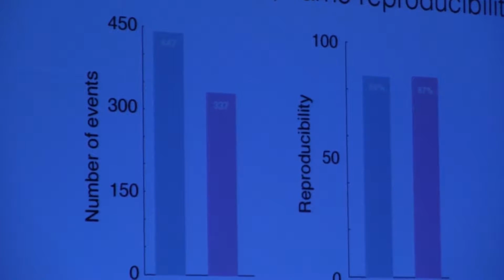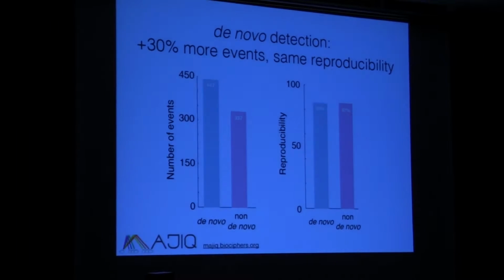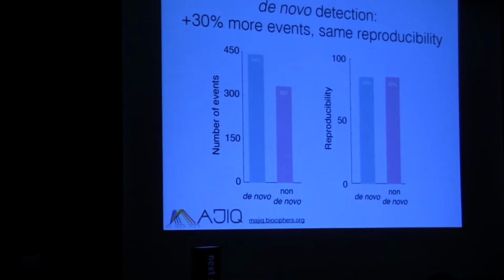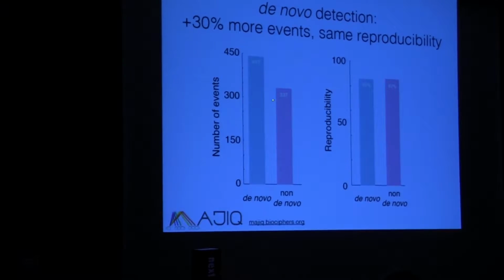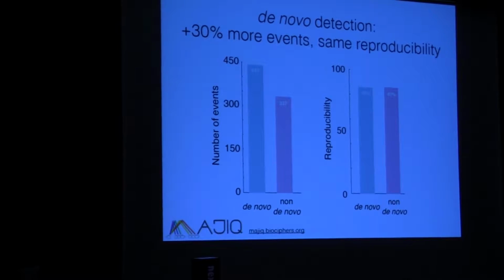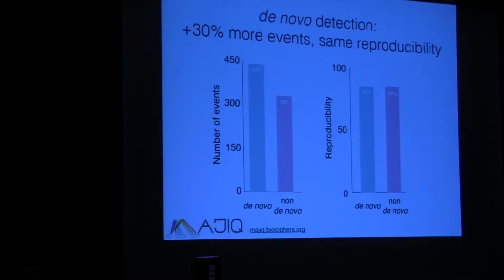Now it's important to, because I mentioned earlier we can handle de novo junction detection while other tools can't, we repeated the analysis with removing de novo junction detection. And you can see that from non-de novo to de novo, you get 30% more splicing events without any reduction in reproducibility. Kind of piggybacking on what Sebastian said, there's a lot of de novo unannotated exons out there.